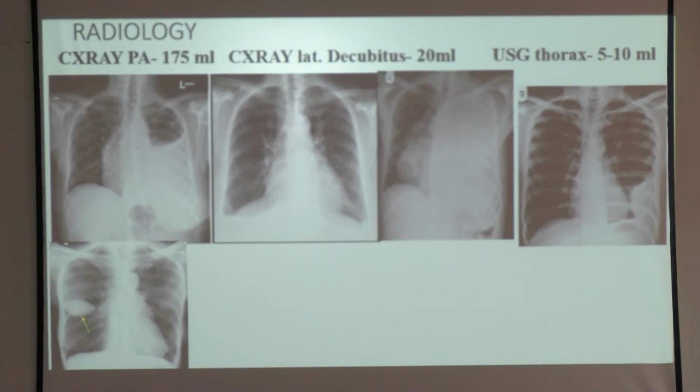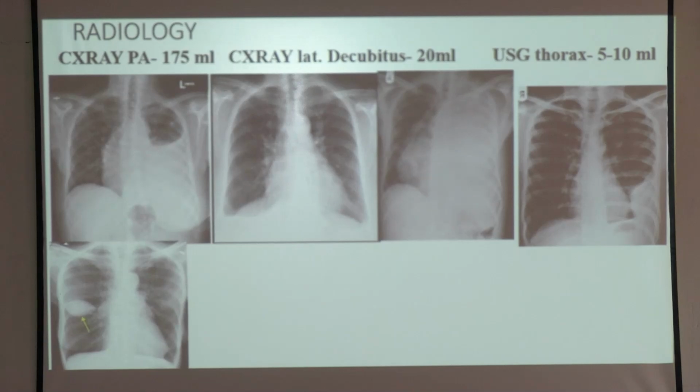So after clinical examination, when you are certain that you are dealing with a case of pleural effusion, then you have to order an X-ray, right? But what is the most sensitive investigation for pleural effusion?